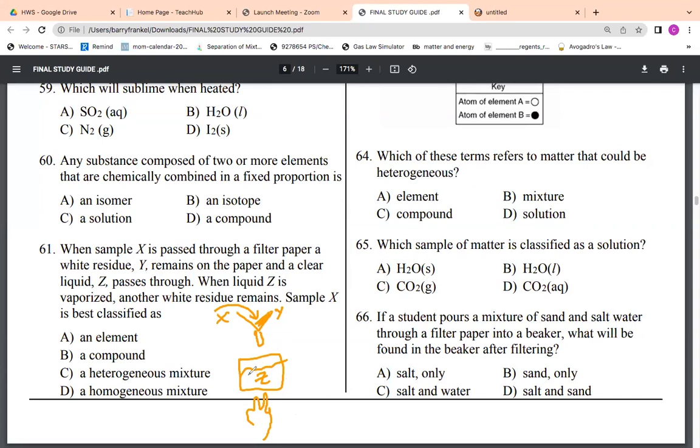Okay, so that means that Z had a liquid and a solid in it, and that the solid was dissolved in Z. Okay, this is our example of sand, salt, and water.